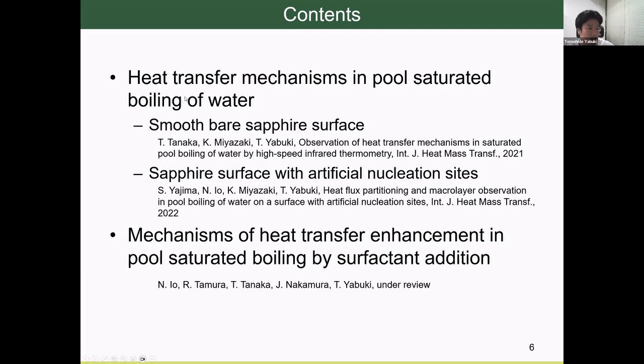The first one is the heat transfer mechanism in pool saturated boiling of pure water on a smooth bare sapphire surface, and then on a sapphire surface with artificial nucleation sites. The second topic is the mechanisms of heat transfer enhancement in pool saturated boiling by addition of surfactant.